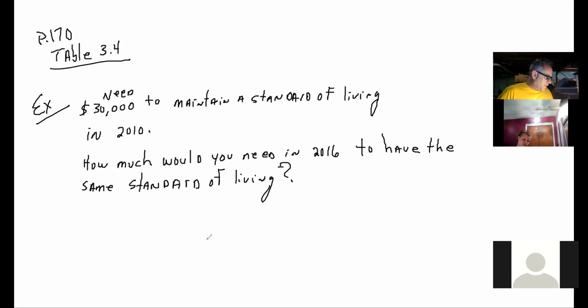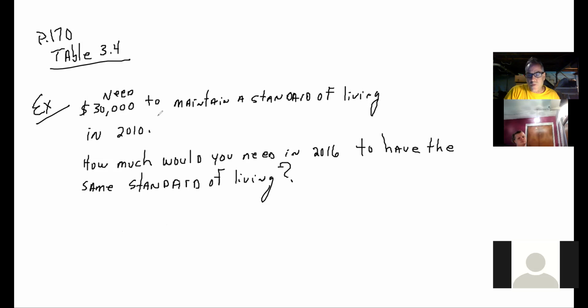So you're making the assumption that prices have risen at the same rate as the consumer price index. What you would do is go to this table, and it just has every year listed out and what the CPI is for that particular year. We're comparing how much more I would need in 2016 to what I needed in 2010.